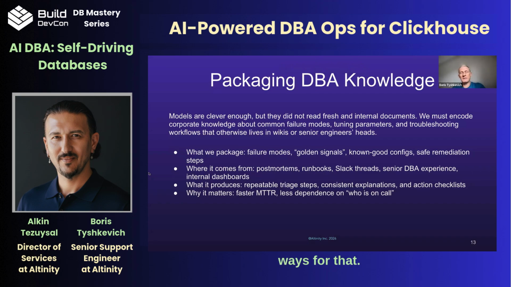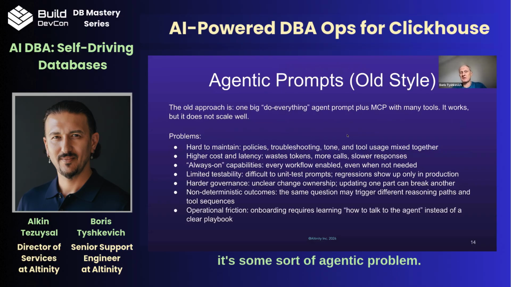There are two different ways for that. The old and classical way, how we have used it for 3 years, is some sort of agentic prompt. We write some text, mostly in Markdown, and the text becomes huge and huge. We pack a lot of information into the text, and that prompt will overload the context window of the model.